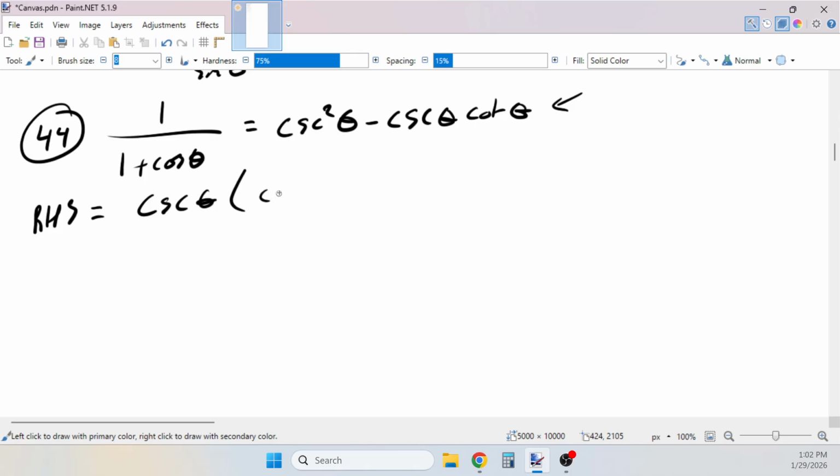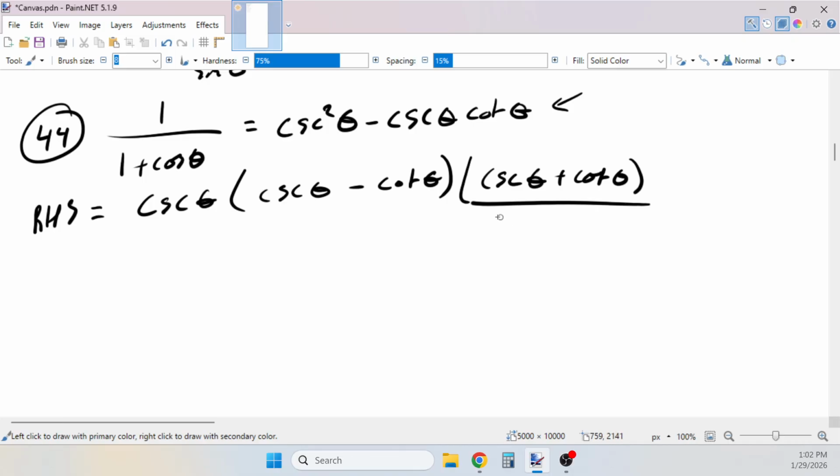I factor one of those out, leaving cosecant theta minus cotangent theta. Okay. Let's try multiplying this by cosecant theta plus cotangent theta over itself.